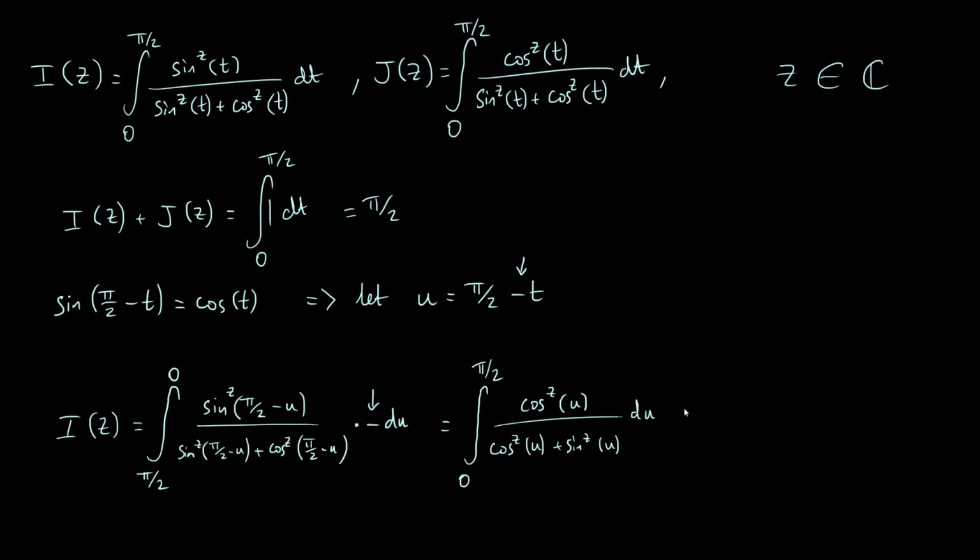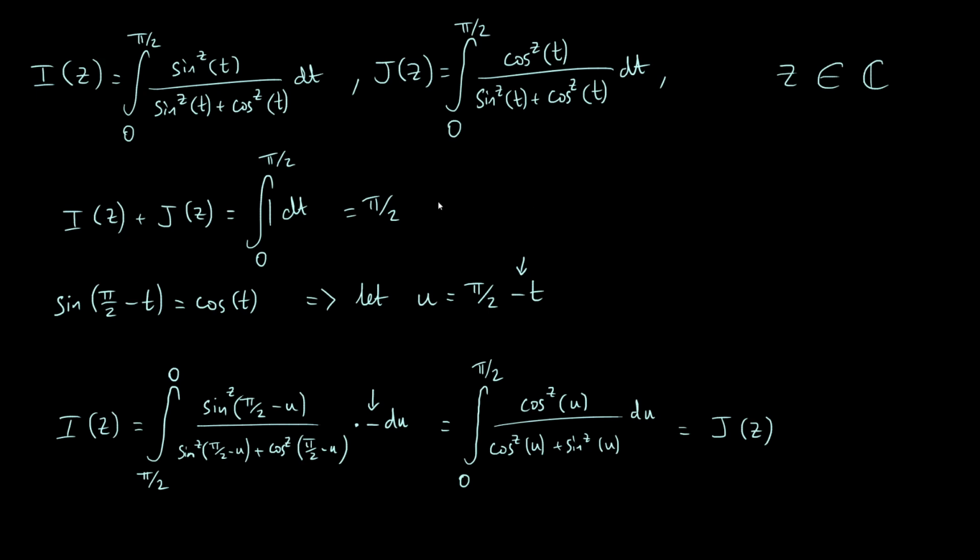All this is with respect to u. And notice that when we add cos to the z and sine to the z, we can add them either way around. And so what we've got here is just the same as J of z. So we've shown, using this change of variables, that I of z is the same as J of z.